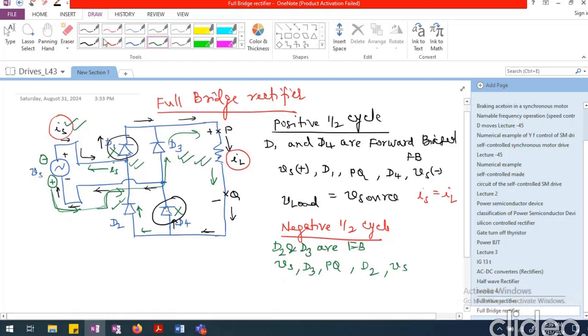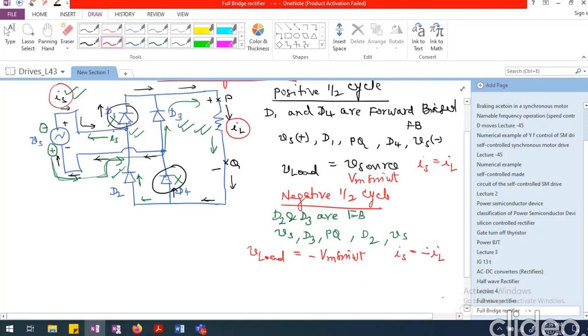So the load voltage here is going to be minus Vm sin omega t. If it had been plus Vm sin omega t in the positive half cycle, in the negative half cycle it is going to be minus Vm sin omega t, and I'm going to have Is equal to minus IL, in the opposite sense.